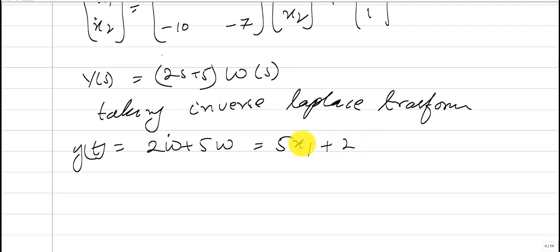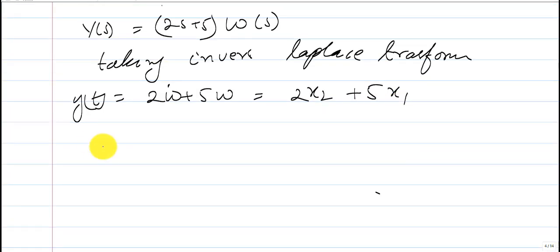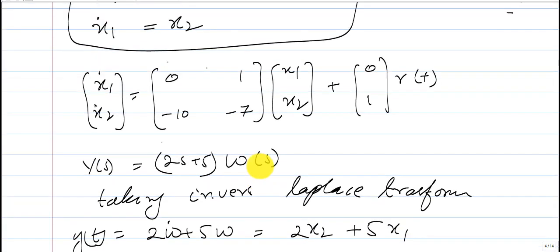W dot is x2 and w is x1, so y(t) is 2 x2 plus 5 x1. In matrix form, y equals [5 2] times [x1; x2].